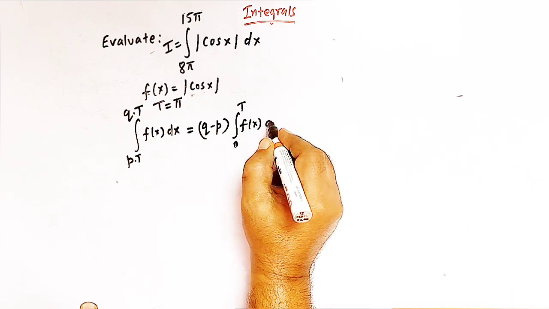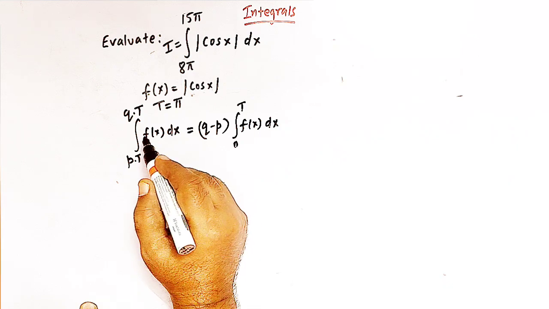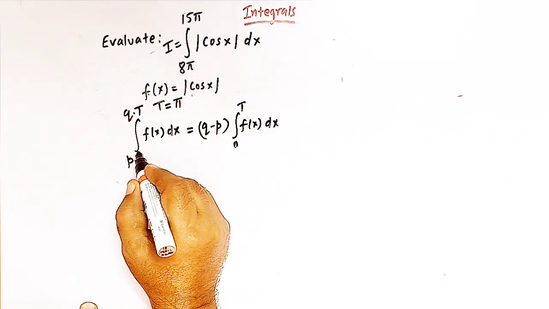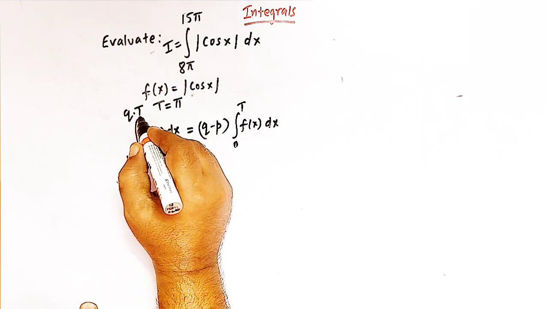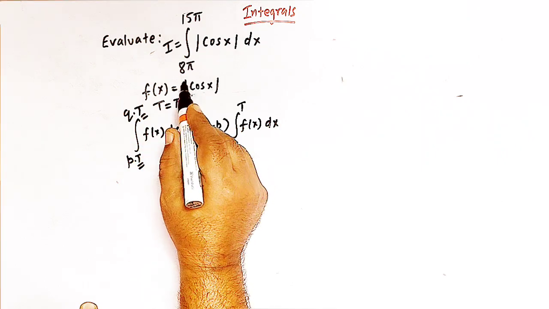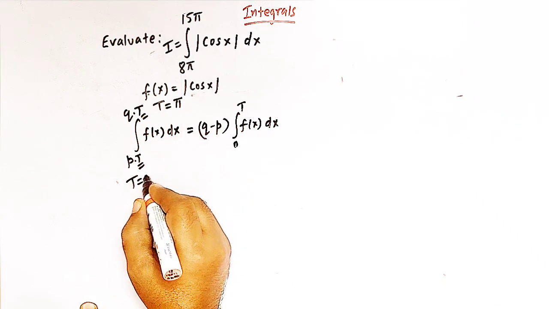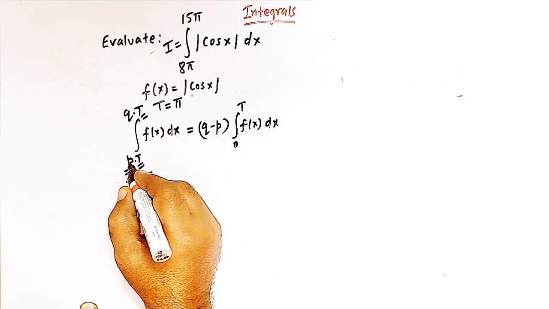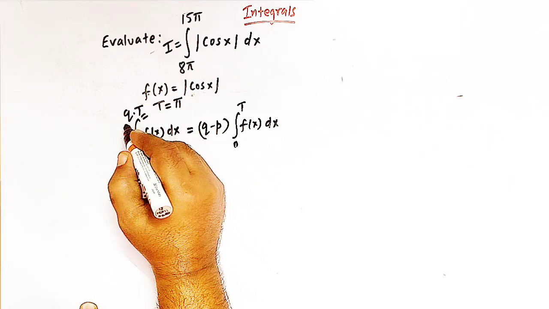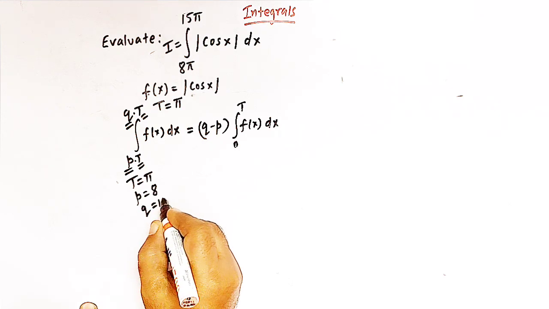So now if we compare this integral with this one, then we can see that t is the period of this function f of x, that is mod of cos x. So the value of t is pi, the value of p is 8, and the value of q is 15.